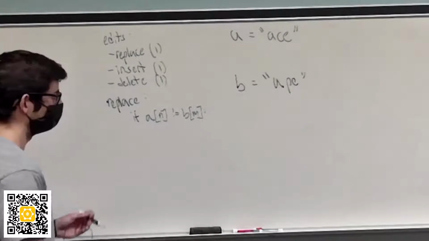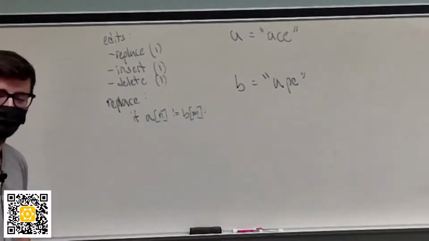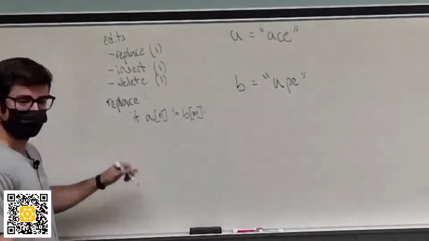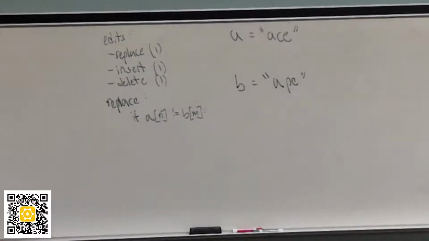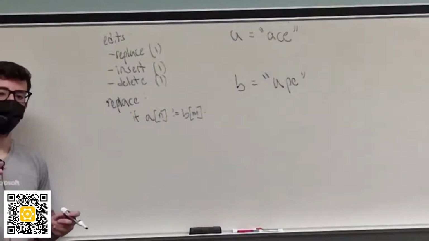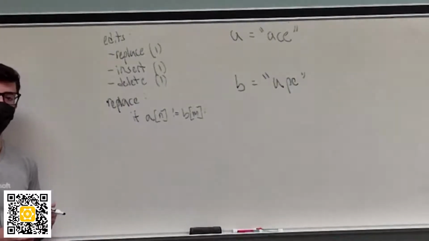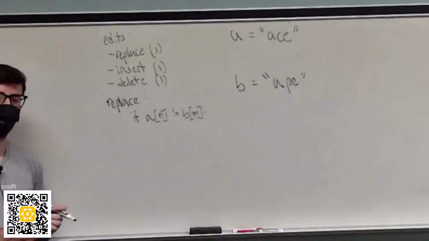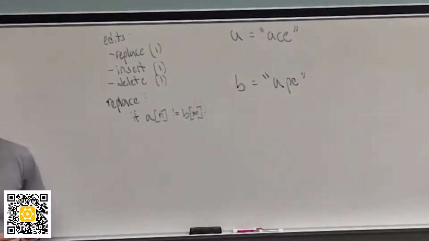Wouldn't it be N for both because we're looking at the same place? What if they have different lengths? Yeah, but it's replace. Replace will always have the same length. Wouldn't it be same?